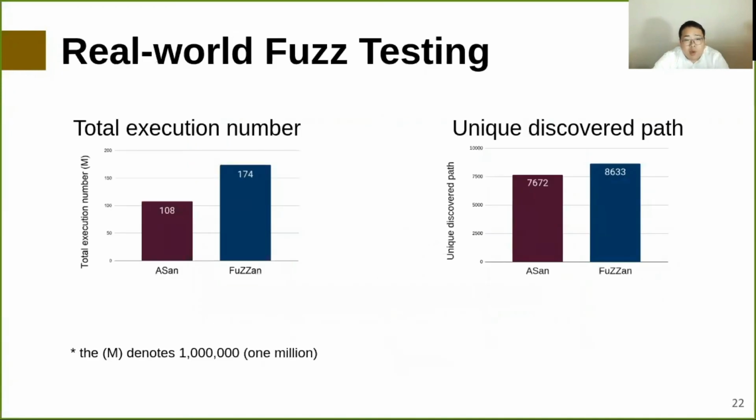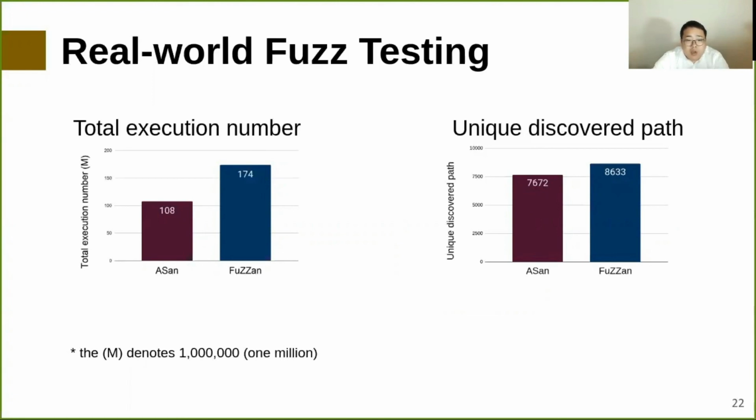We also evaluated Fuzzan using the standard 24-hour fuzzing with 7 widely used real-world software and the rightmost file seed. And we used the Address Sanitizer and Fuzzan dynamic switching mode for this evaluation. Each campaign was conducted for 24 hours and repeated 5 times.